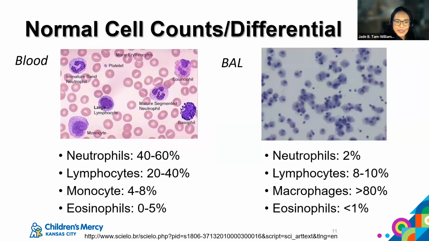So in normal, it's important to recognize in normal blood as well as normal bronchoalveolar lavage, there are many different types of white blood cells, and the top four listed here are your neutrophils, your lymphocytes, your monocytes, and your eosinophils.